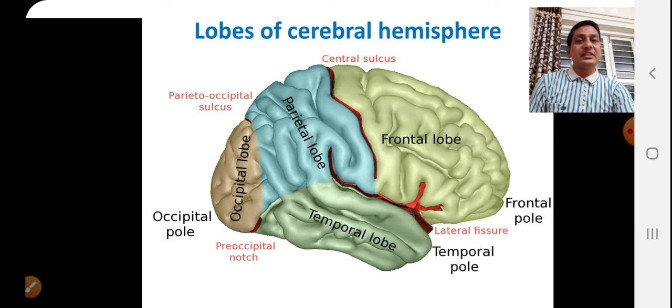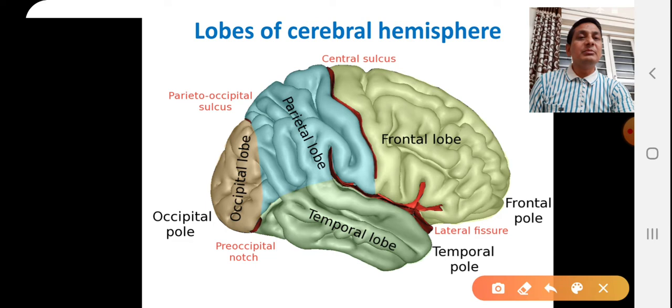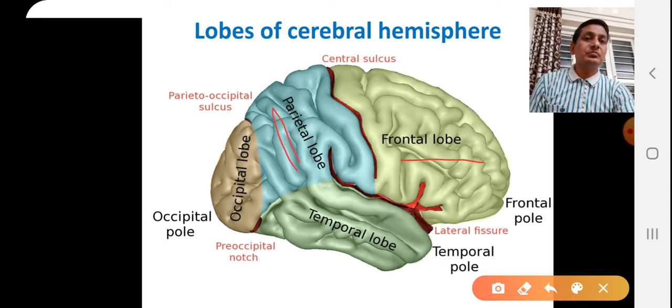Each cerebral hemisphere is divided into four lobes, that is the frontal lobe, the parietal lobe, occipital lobe and temporal lobe. The frontal lobe extends from the frontal pole to the central sulcus. This is the central sulcus.